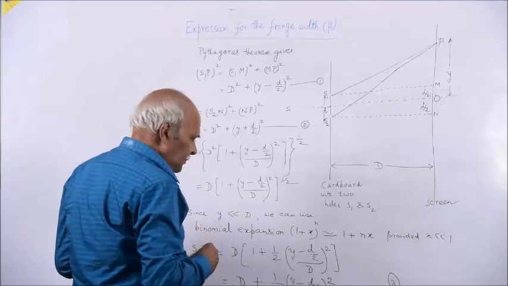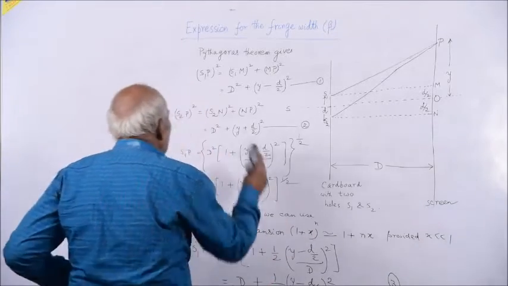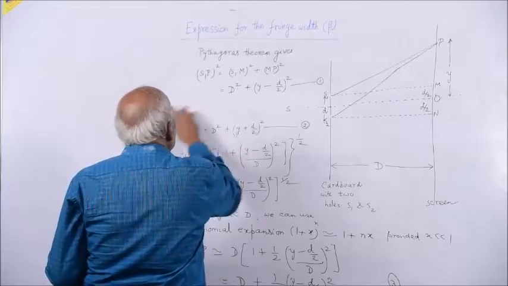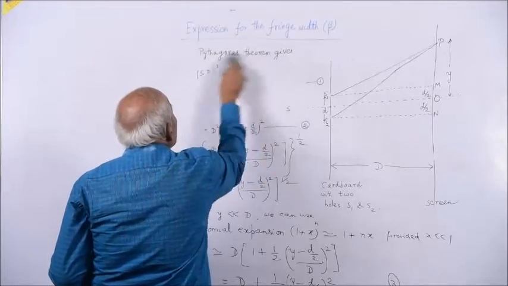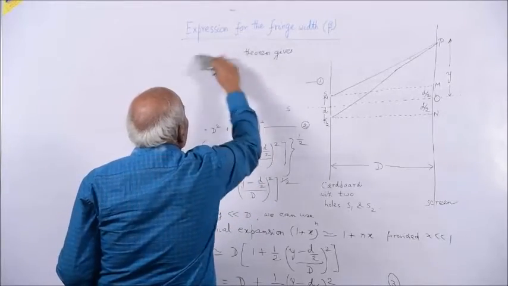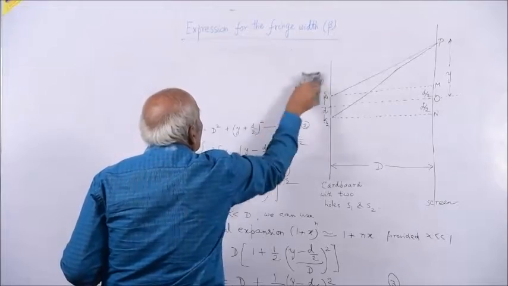So, now the path difference is S2P minus S1P, which can be found from equations 3 and 4.